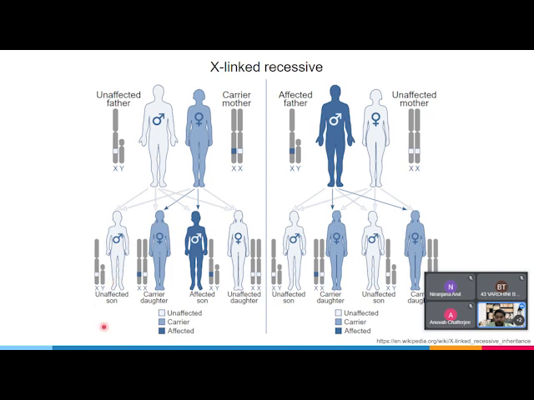We have one unaffected son and one affected son, because he obtained a mutated X copy and no other X chromosome to dominate over the diseased copy, and that is why he is affected.